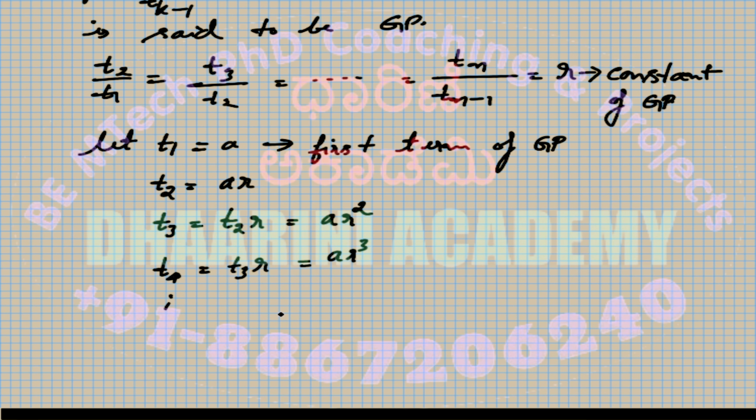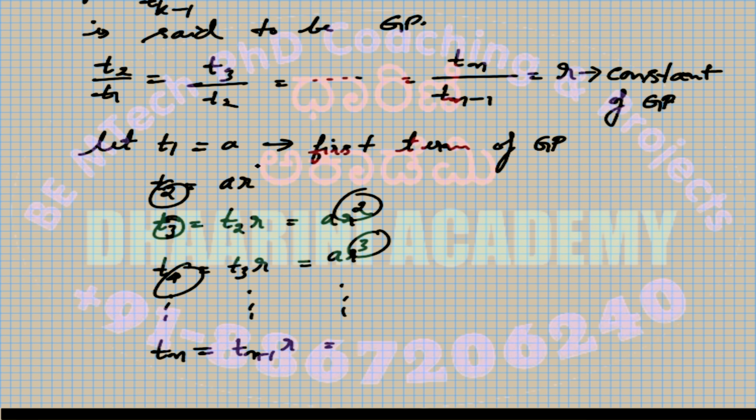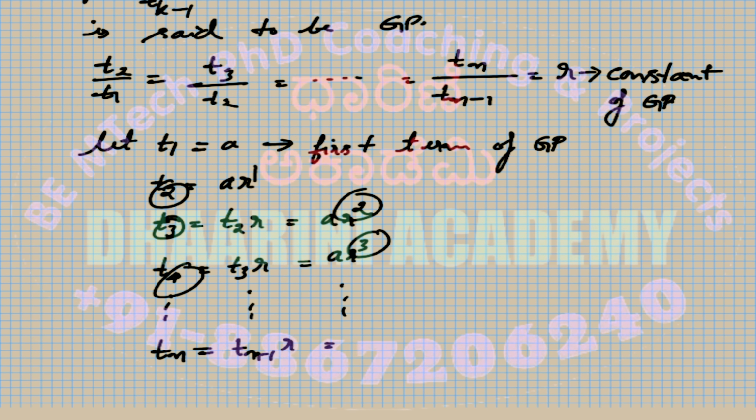In the same fashion, I can write the last term, Tn, as Tn minus 1 into R. You can see that for 4, this power is 3. For 3, this is 2. For 2, this power is 1, and so on. It's 1 less than the term's n value. If n value is 4, I can see AR to the power 3.